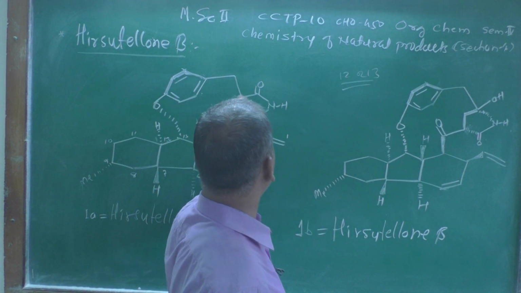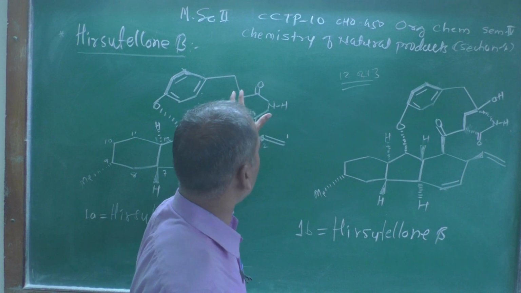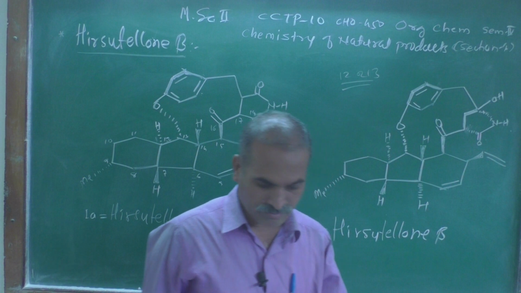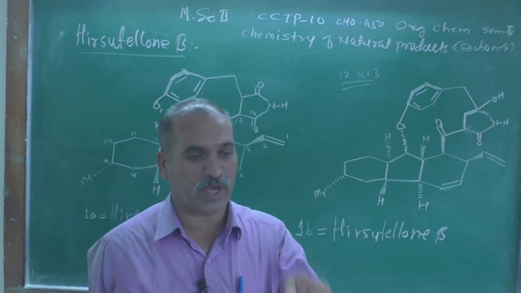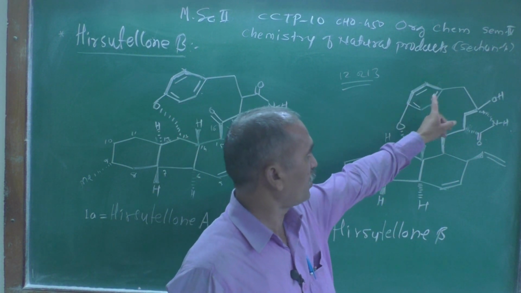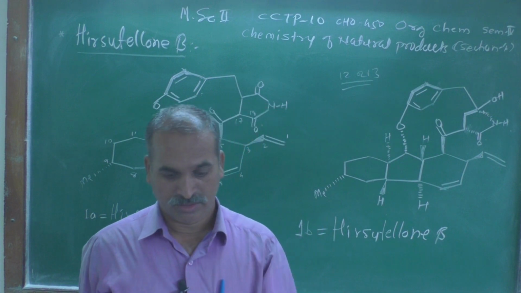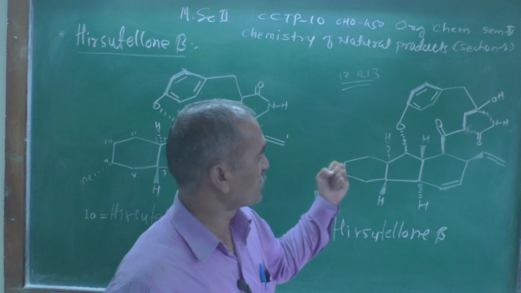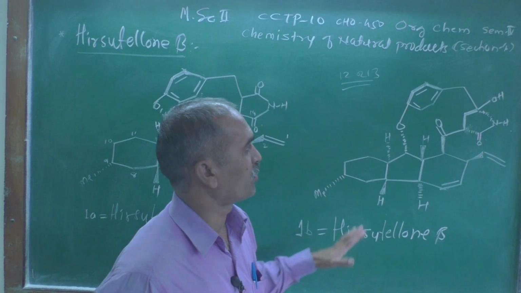Here a succinamide type of moiety is also present, and this is the paracyclophane. That type of moiety or core is present in this particular molecule.